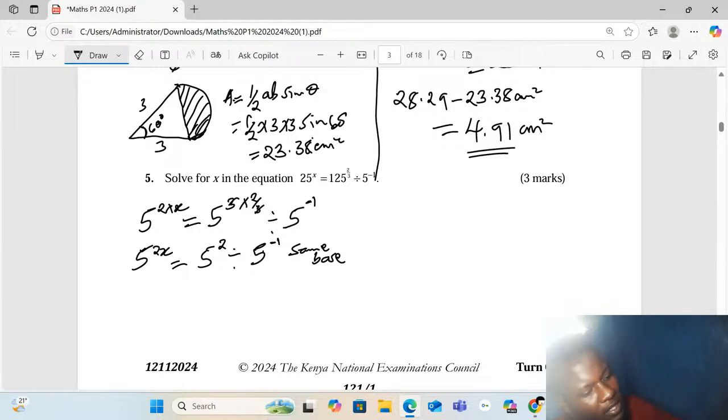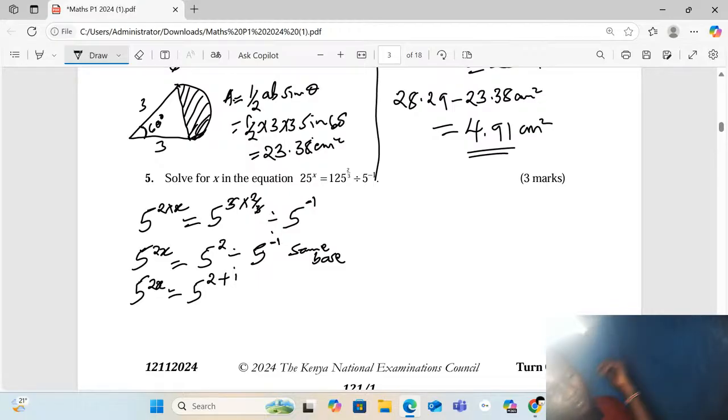But before that, we have 5 squared divided by 5 raised to minus 1. The law of indices says when you divide, what do you do to the powers? You add. So 5 raised to 2x equals 5 to the, now we add the powers, 2 plus negative 1. Sorry, when we are dividing, we subtract.